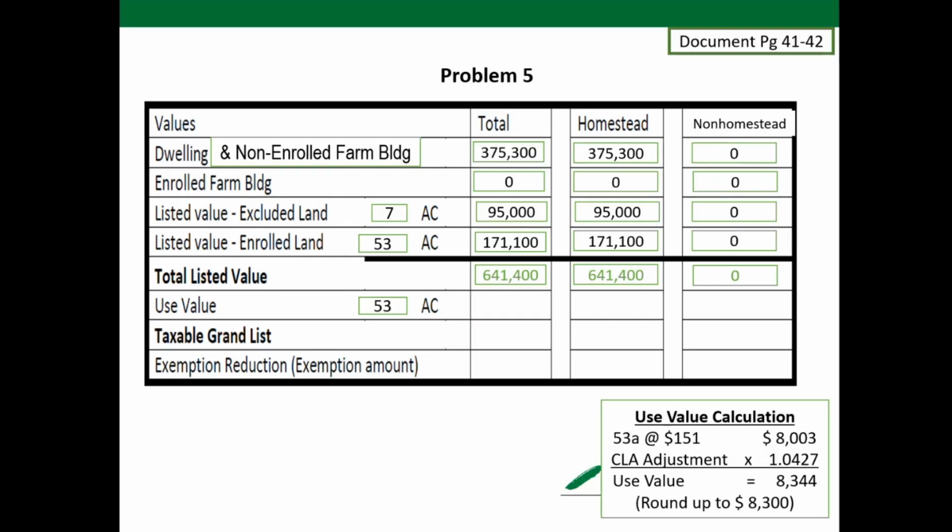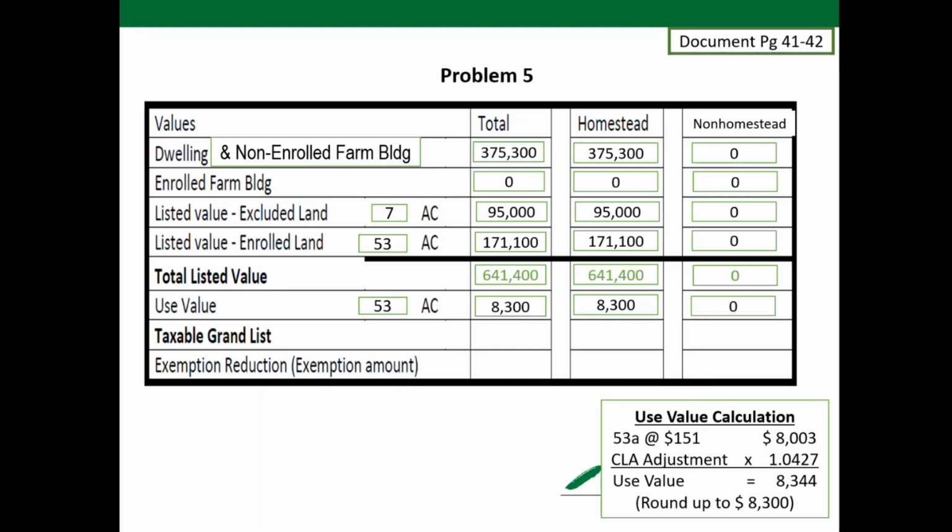We will adjust that by the CLA of 1.0427 for a result of 8,344. And this was my error here. You'll see I said round up. We're obviously rounding down to 8,300. And so you can populate your grid in front of you with 8,300 in the total column as well as the homestead column, because again, the use value goes with the land.